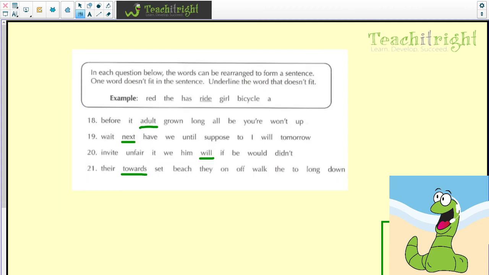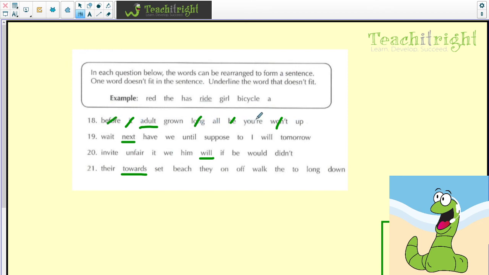We've then got a couple more reshuffled sentences that we need to look at. So 18, adult was the superfluous word, and the sentence should have been, it won't be long before you're all grown up.